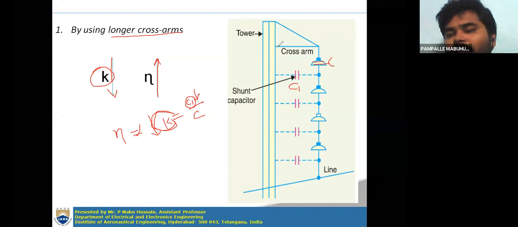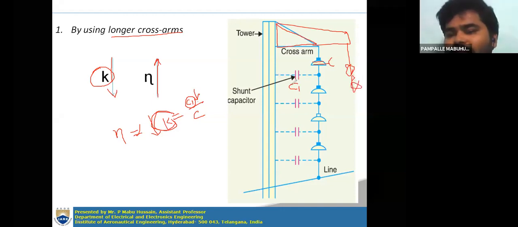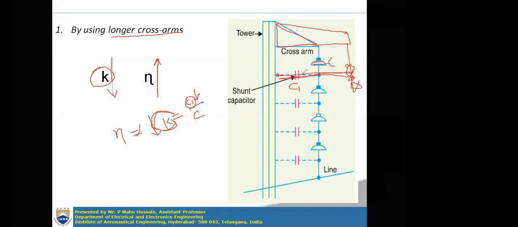So that means this is the cross arm here, which is connected to your tower, right? If you increase this cross arm, and you place the insulators, then this capacitance, the capacitance between the tower and the metal link, this distance will increase.